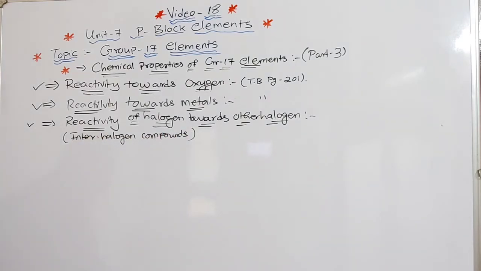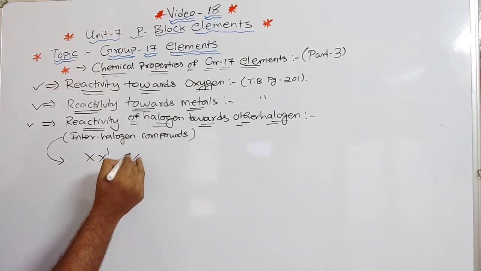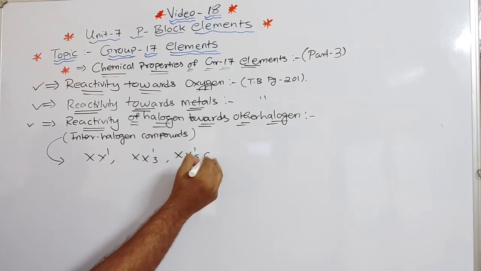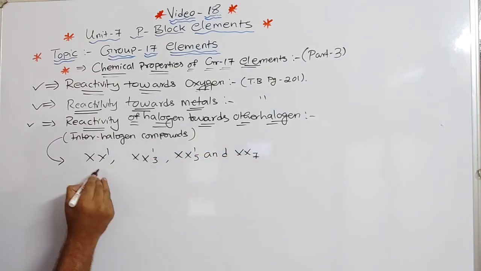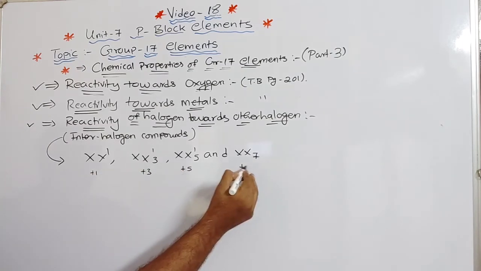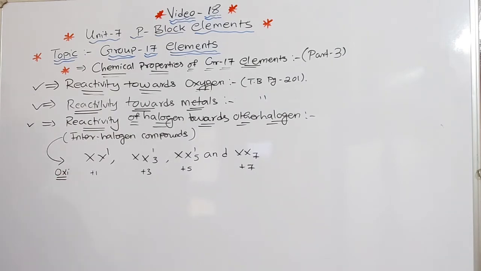Understood? So now, halogens combine among themselves to form a number of compounds known as interhalogen compounds. These are of the form XX', XX'3, XX'5 and XX'7. Okay, so +1, +3, +5 and +7 oxidation state compounds I am talking about. Now in this there is one difference.